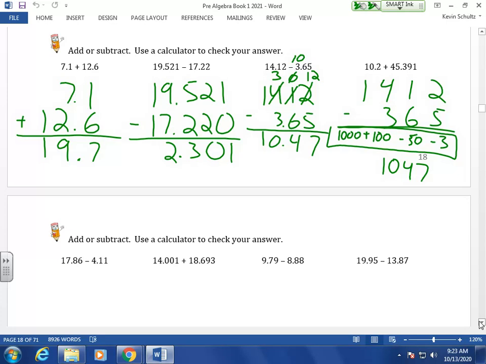Yeah, because I was taught the whole borrowing thing. But the funny thing about that borrowing thing, if you were to ask your parents what you're actually doing, a lot of them might not really know. Like, well, it's just what you do. Okay, some I know, but a lot of them, it's just what they were taught. They weren't really explained what we're doing. And what we're doing is that, like, when we borrow here, when we went back to this step here, cross out the 2 to make that 12 there, what we're doing is we're taking 1 dime and 2 pennies and rewriting it as 12 pennies, essentially.